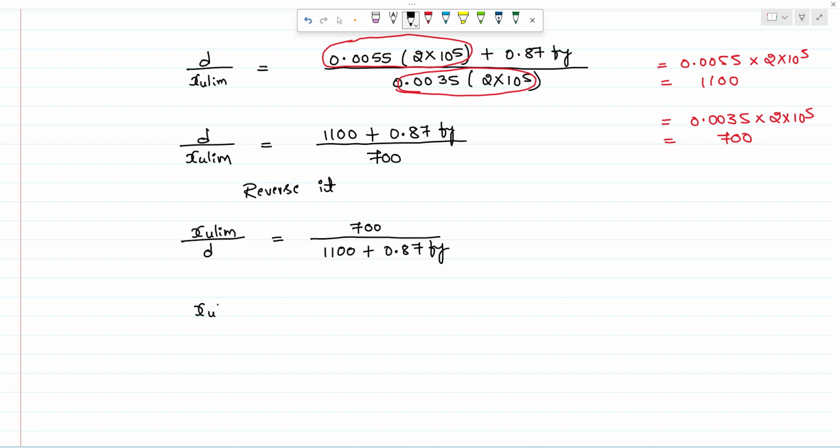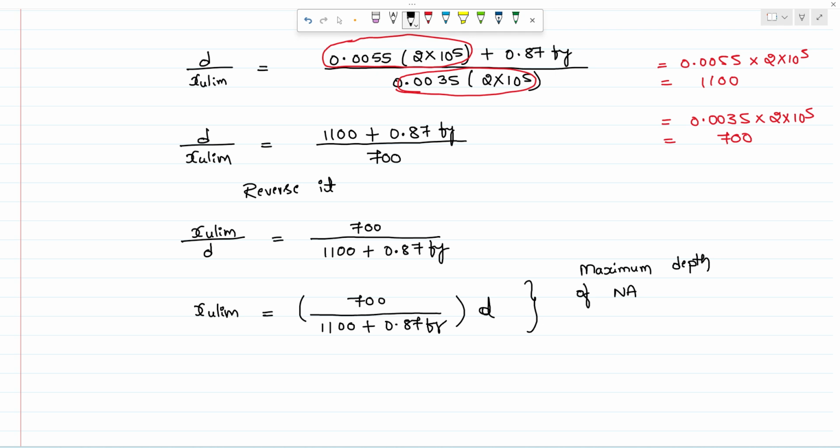So final equation will be XU limit equals 700 divided by 1100 plus 0.87 Fy, multiplied by D. So this is the equation for maximum depth of neutral axis or limiting depth of neutral axis.